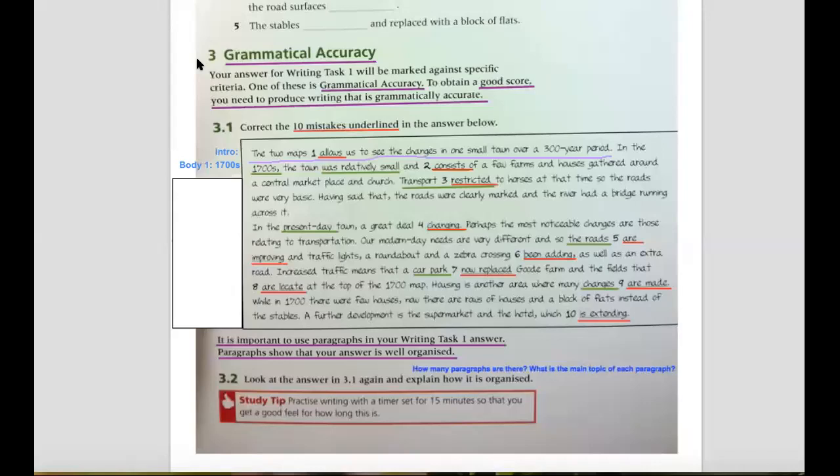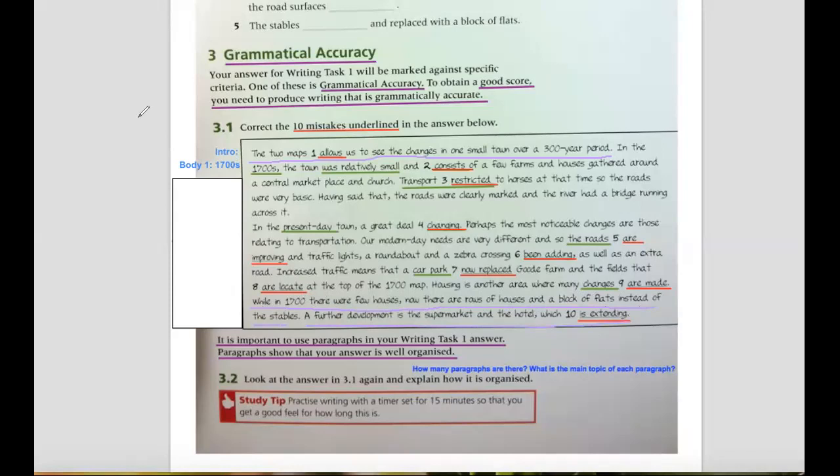So let's have a look at the overview sentence, which is at the end. So it says, while in 1700, there were few houses, now there are rows of houses and a block of flats instead of stables. A further development is the supermarket and the hotel, which is extending. Okay, so this here is our overview paragraph.